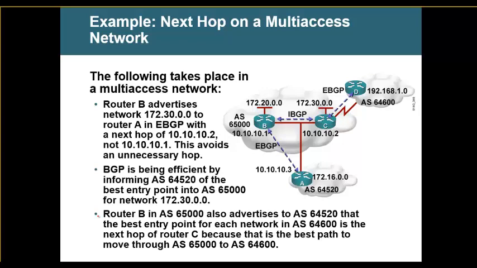Router B says, I am your neighbor, I am very happy to be your neighbor, but there is a change. What? For reaching this network, don't come to me, better you go to my friend. I have my friend who is 10.10.10.2. Better you go to him. Who is telling that?